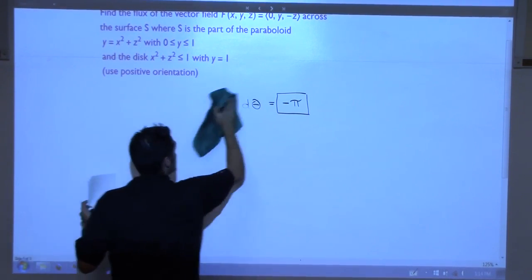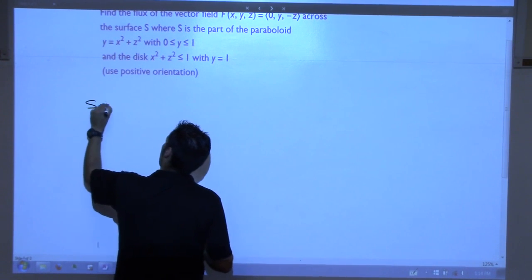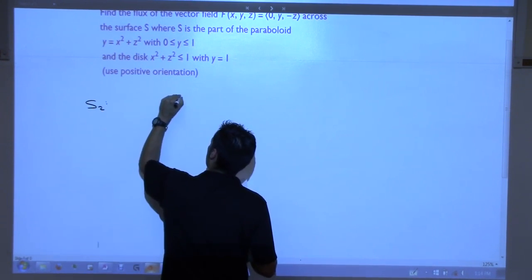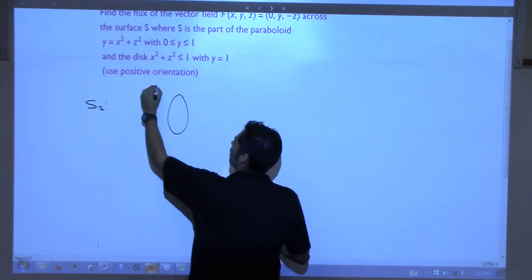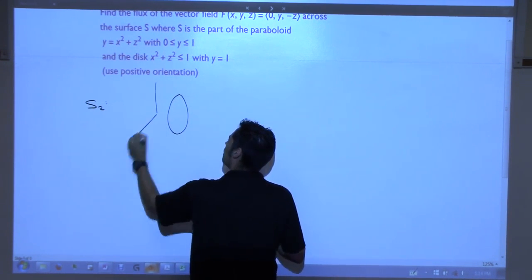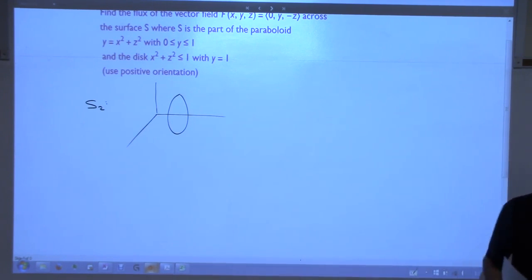Now for S2, we had just this part, right? It was that circle that capped off the paraboloid. It was like that piece right there.